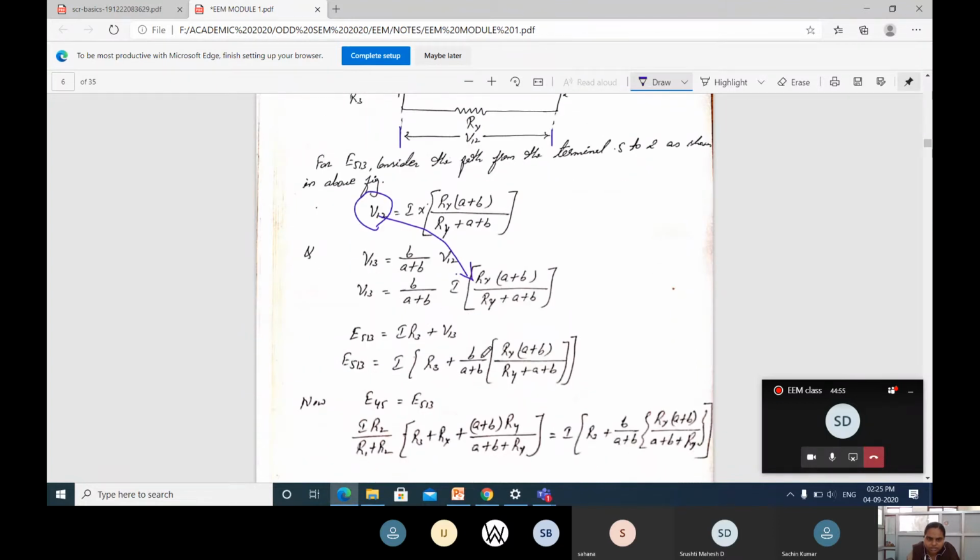We already calculated here, just write that plus V13. Then substitute this whole V13 in this equation. In both the equations I is common, for that take I as common. Then R3 plus B divided by A plus B into the same you write here as it is.